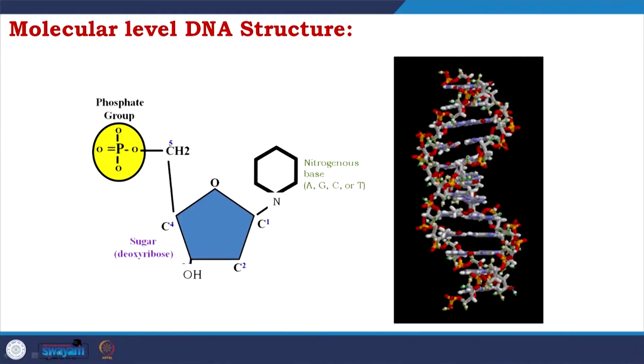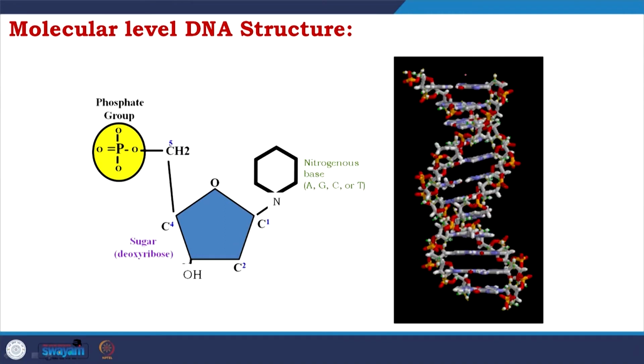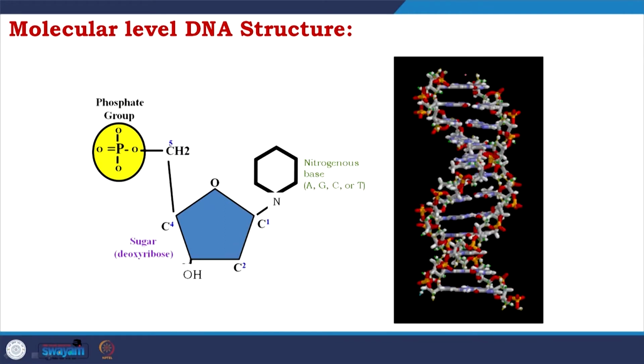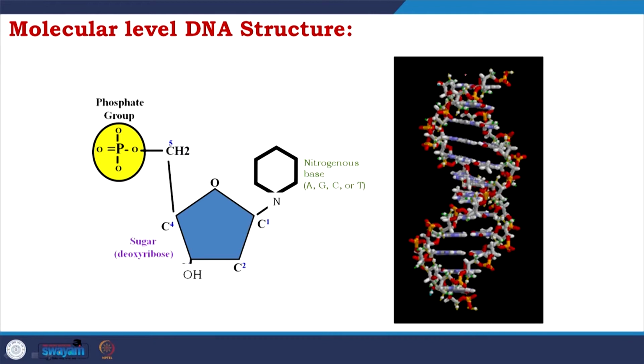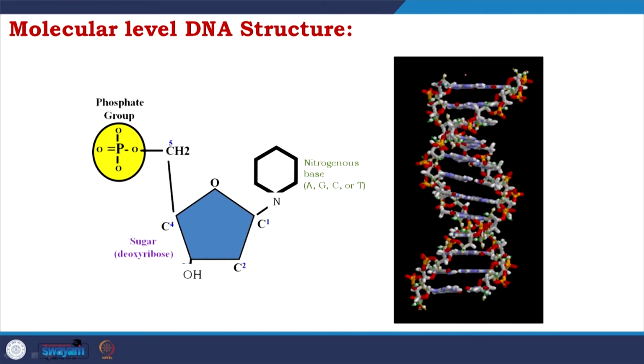Then the third one is the nitrogenous bases, and you know in case of DNA they are A, G, C, T, whereas in RNA the thymine is replaced with uracil. So, if you look at the entire composition, the only difference is in the nitrogenous bases. So, first take a look at the nitrogenous bases.